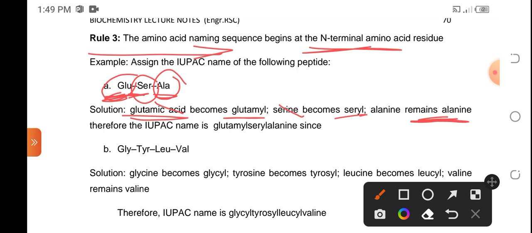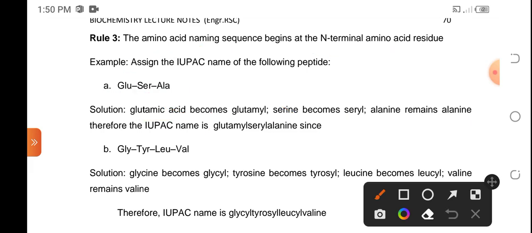So therefore, the name of this glutamic acid, serine, and alanine tripeptide will be glutamyl cereal alanine. Okay? Wala na tong sins. Okay? So this one will be named as, ulitin natin, the name of this tripeptide is glutamyl cereal alanine.